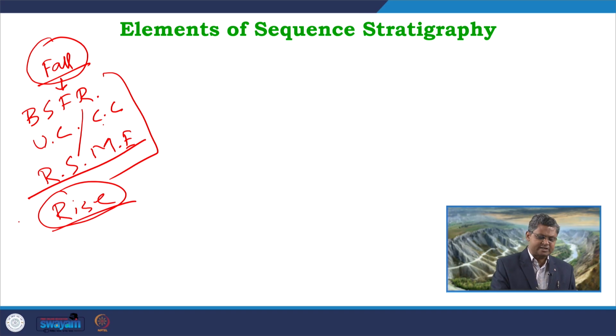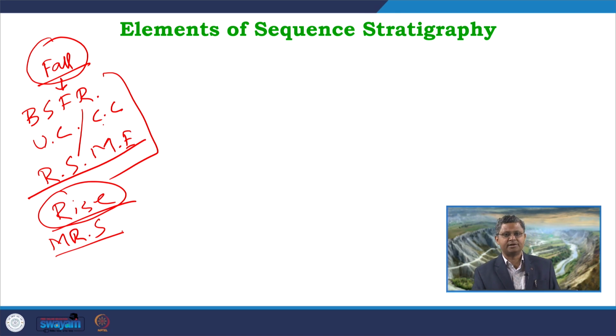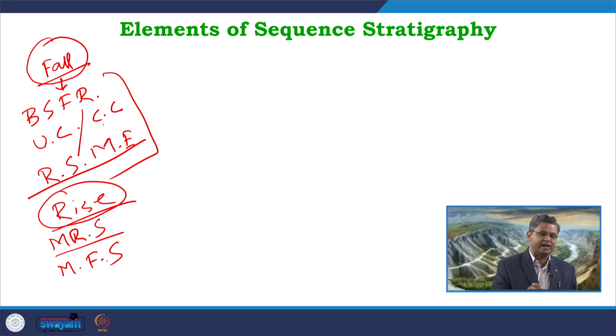The first surface that we will get is the maximum regressive surface. This is the first surface we will get, the maximum regressive surface. And the second surface that we will get is the maximum flooding surface. And apart from these 2 surfaces, we can get another type of surface which is commonly associated, particularly during the initial phase of transgression, which we call the ravinement surface.